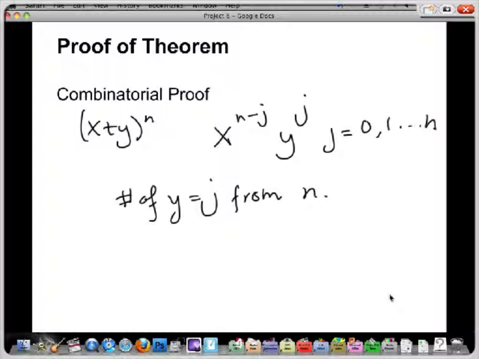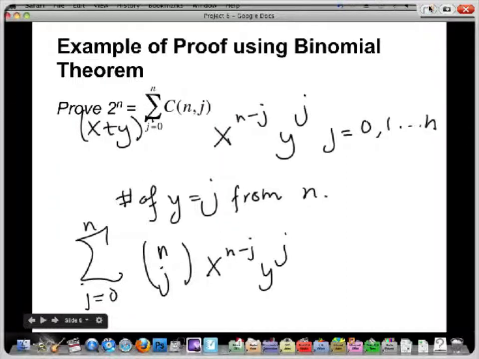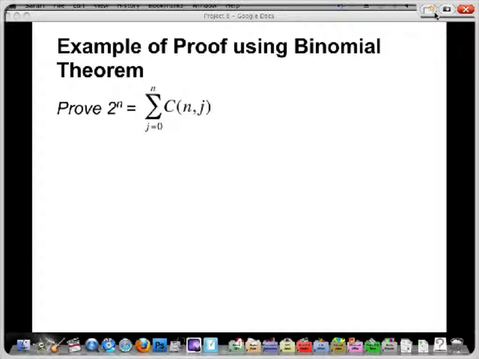The other n minus j terms in the product are x. Therefore we have n choose j of these terms, x to the n minus j times y to the j, which gives us our theorem if we sum over j equals 0 to n. This is a generalization of the kind of reasoning we used earlier in our (x plus y) cubed example.